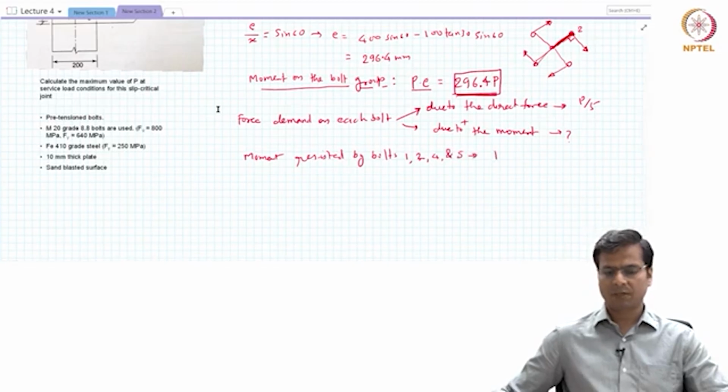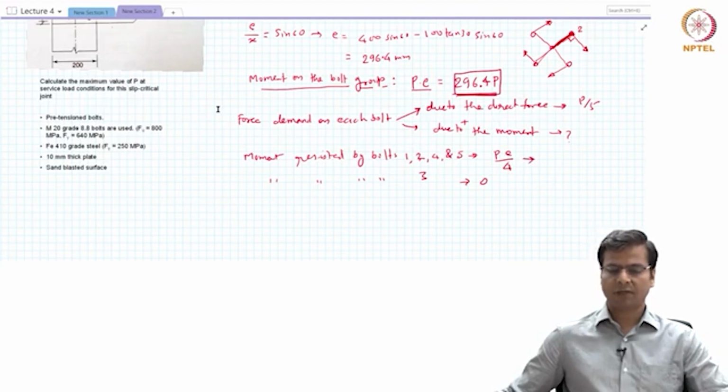How much is the moment resisted by each bolt? PE divided by 4. And what is the moment resisted by bolt number 3? 0, because it is at 0 distance from the centroid. So each of bolts 1, 2, 4 and 5 will be resisting PE by 4 moment.